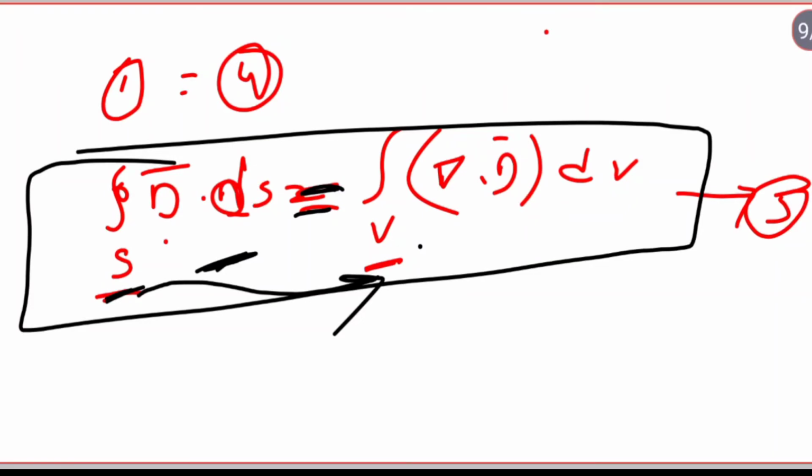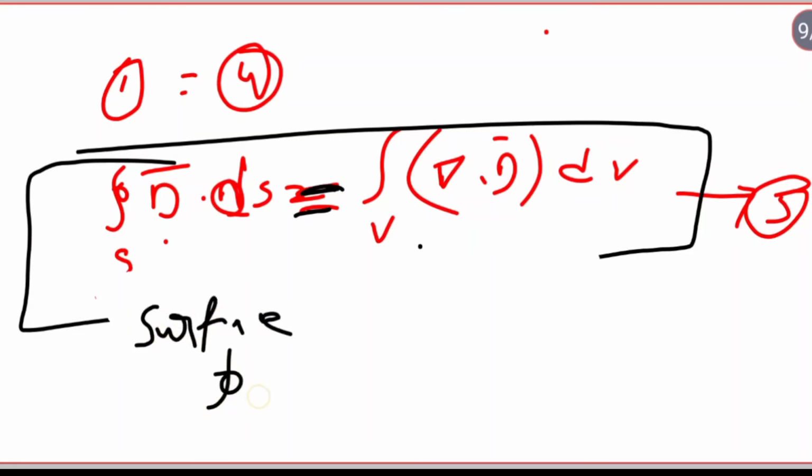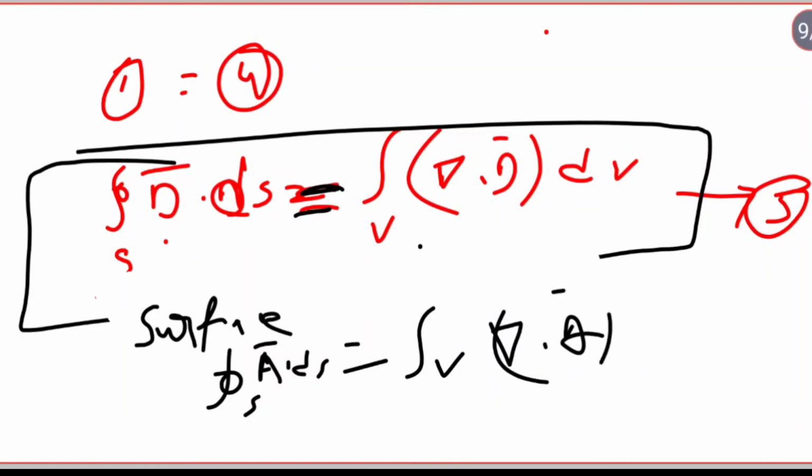The main purpose of the divergence theorem is that a surface integral can be converted into a volume integral. That is the key point, whatever the vector is: surface integral A dot ds equals volume integral del dot A bar dv.